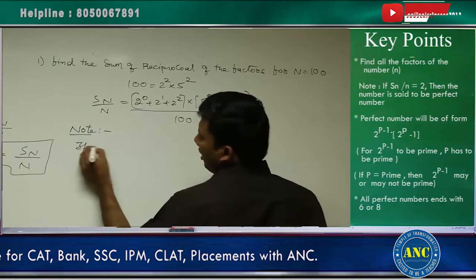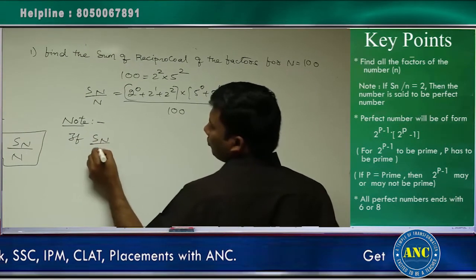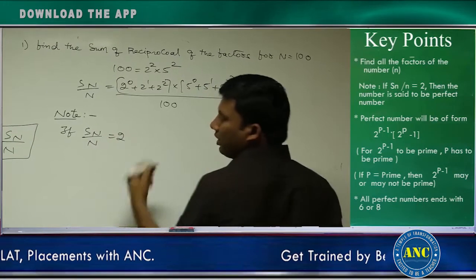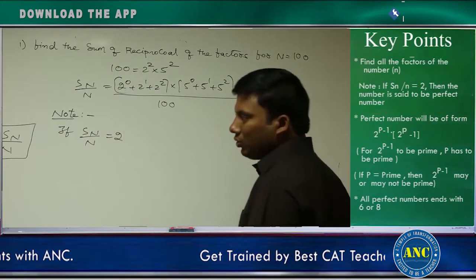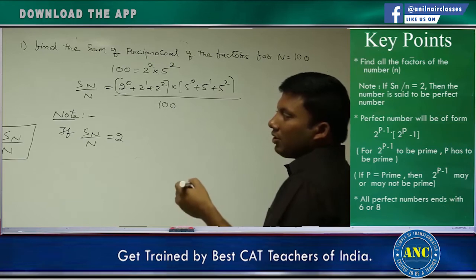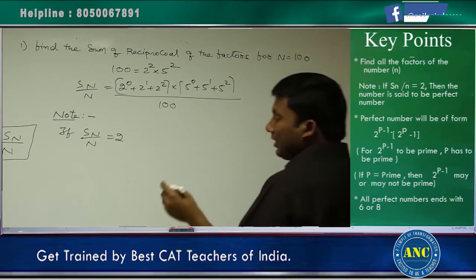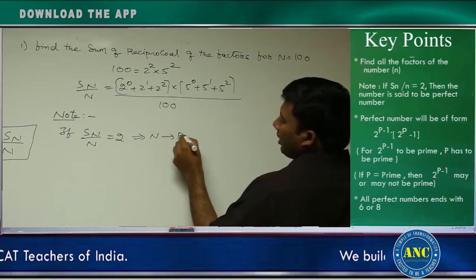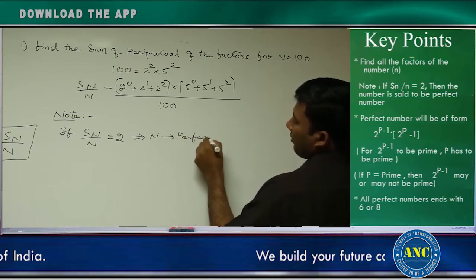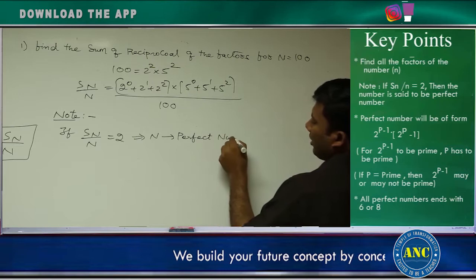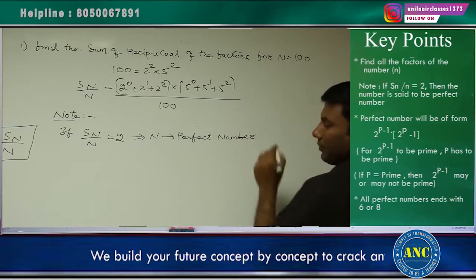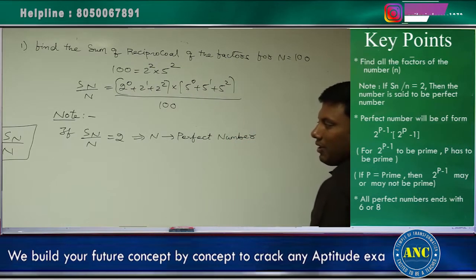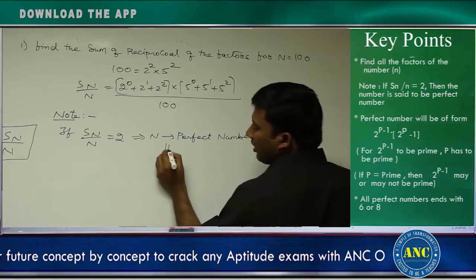If Sn by n is 2, listen carefully to this point. If the sum of the reciprocal of the factors is 2, then the number is said to be a perfect number. Now listen carefully.